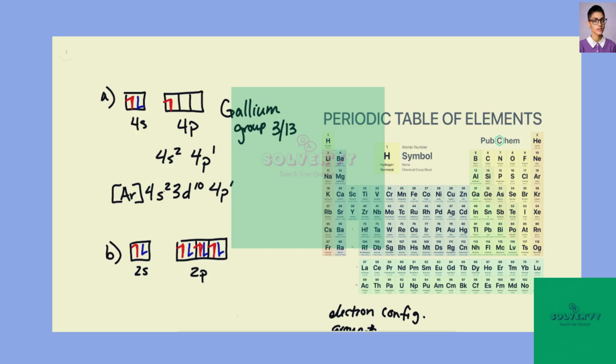And just for completion's sake, if we wanted to draw the correct orbital diagram for this, we write down the 4s, the 3d, 1, 2, 3, 4, and then bringing out the 4p, and then 1, 2, 3, 4, 5, and then pairing everybody off.